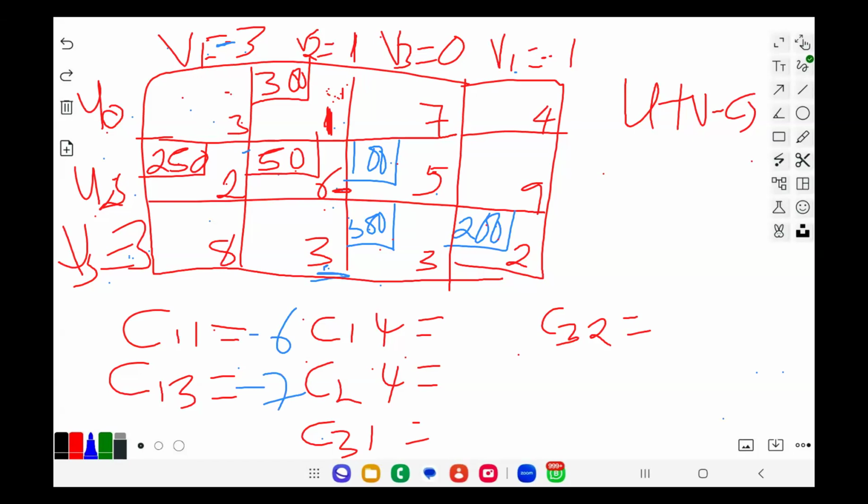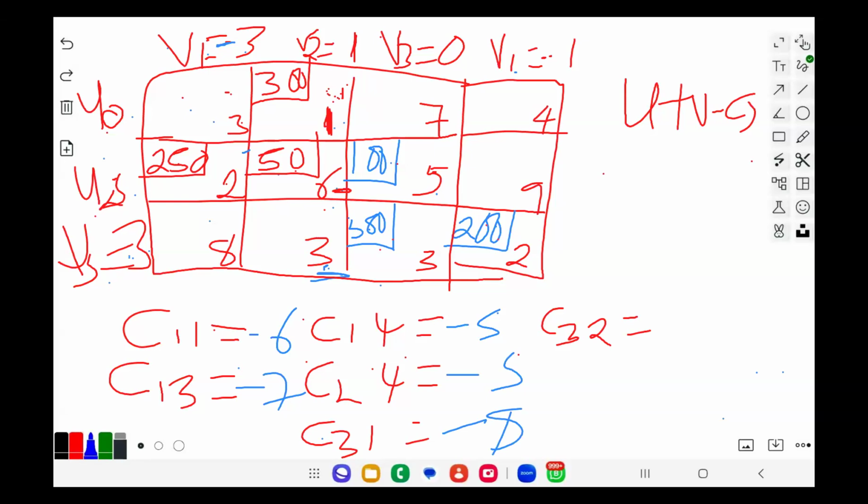On 4, 0 plus -1 minus 4, it will be -5. On 9, it will be 5 minus 1, which is 4, minus 9, it will be -5. On 8, it will be 3 minus 3, which is 0, minus 8, -8, right? You're following?